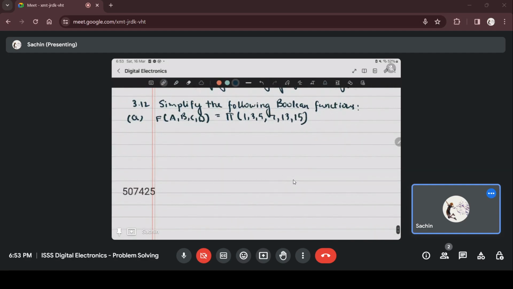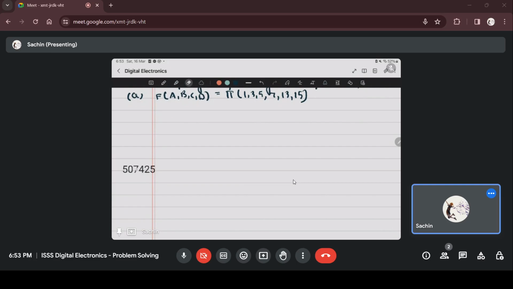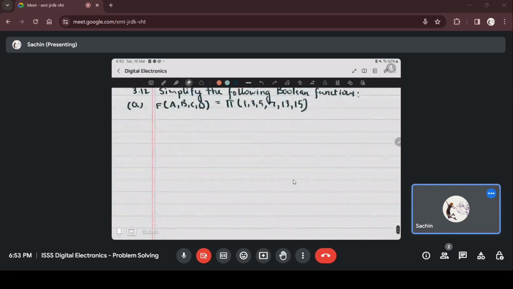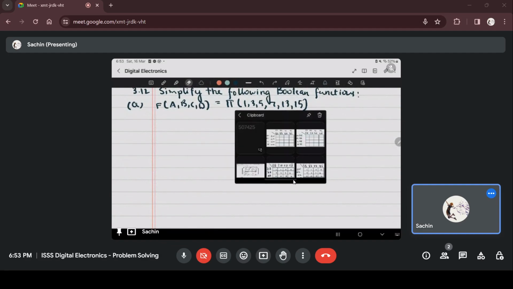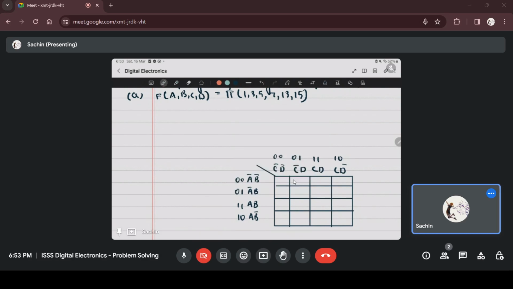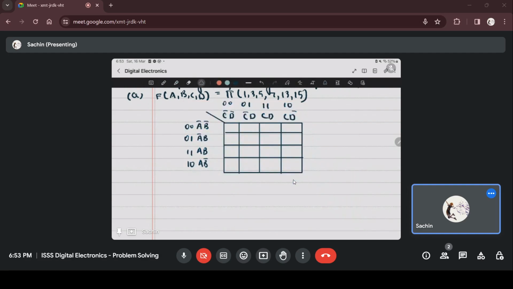So this will be if AB are written on this side and CD on the other side.